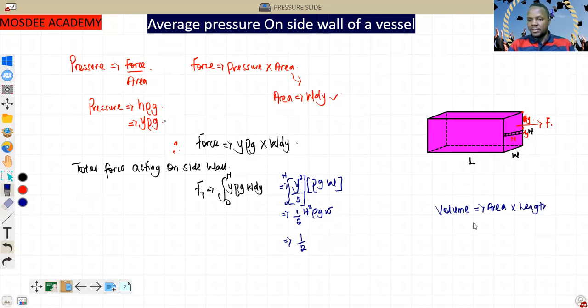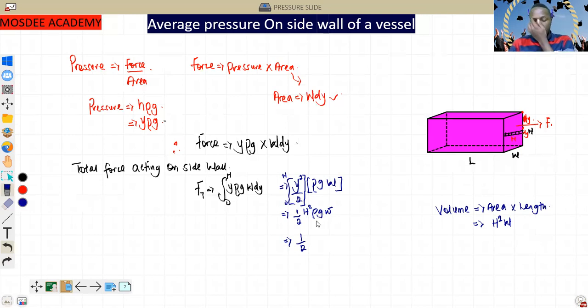Now, in this case, h squared W is the volume, because h squared is area. Area is h squared, I hope you are following. And W, this is not omega, W is the width. So h squared times W is the volume, because h squared means h times h. Then W. You can even use dimension: meter times meter times meter, you are going to have meter cube. So what I'm trying to say here is that h squared W is now going to be replaced by volume.